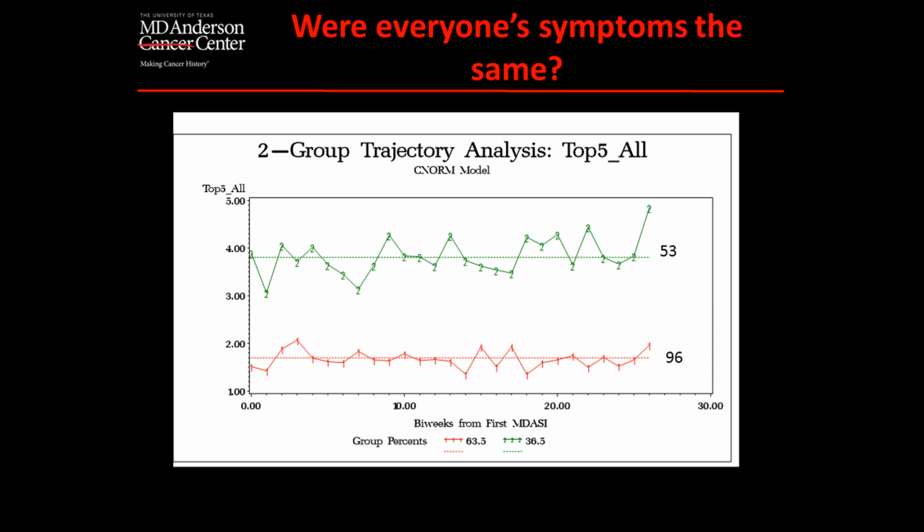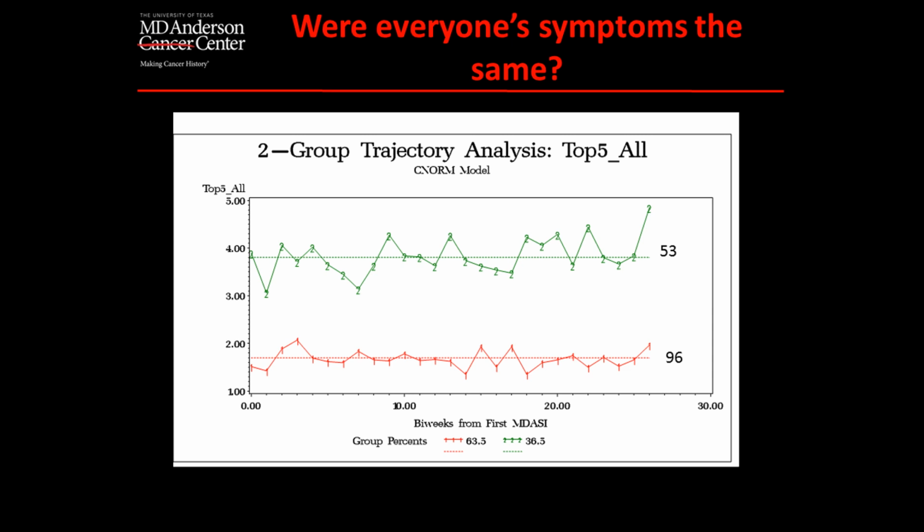The computer takes each patient's symptoms and then decides, were their symptoms in a low group, or were they reporting symptoms in a high group? And we saw that it did divide out, and it was about 2/3 who were in this low group.